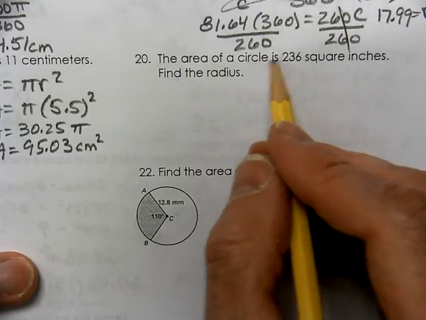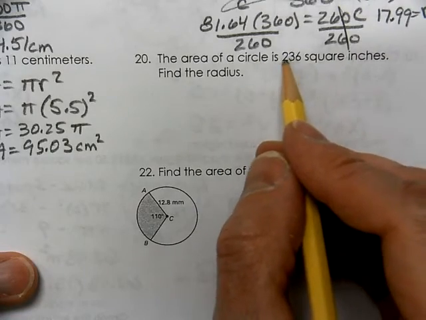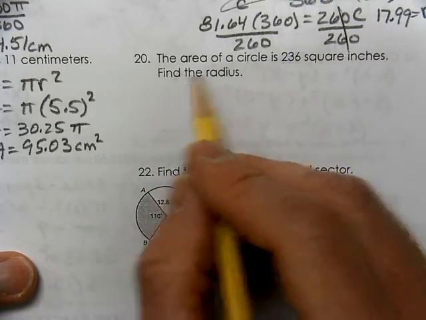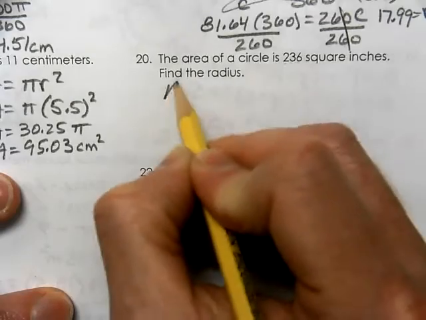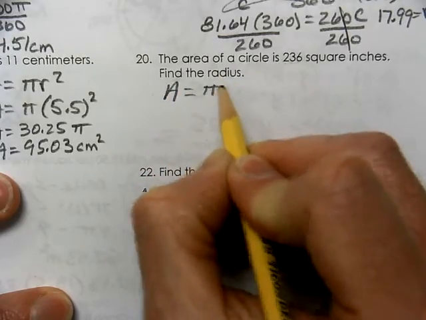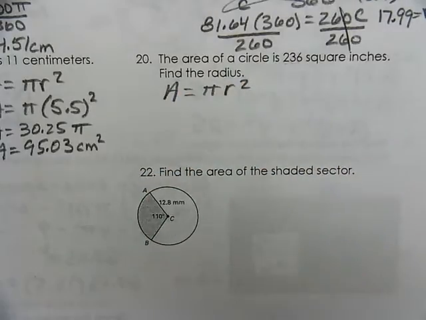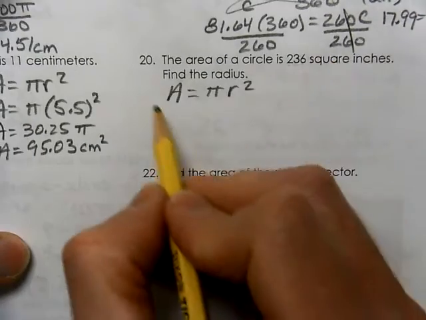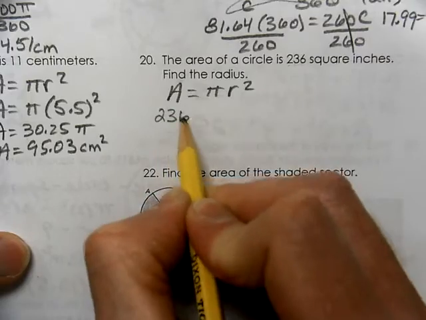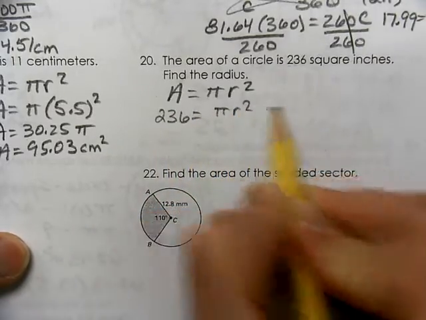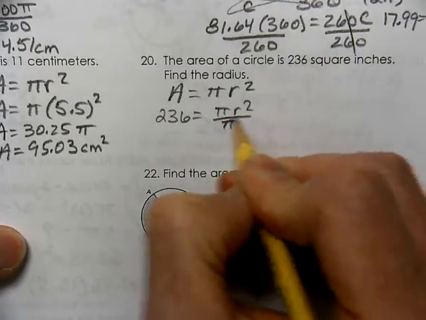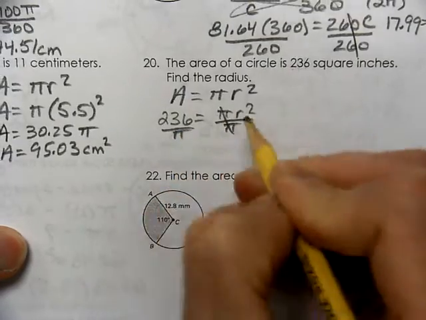The area of a circle is 236, and we're looking for the radius. Take the circle area formula. We know that it's 236. We're going to divide it by pi.